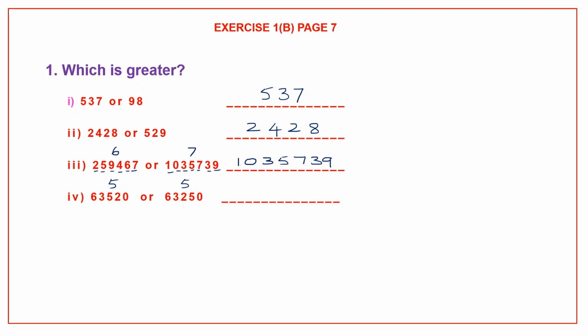So let's look at the last digit here, 6, 6. Both are the same. Now go to the next one, 3, 3. That is also the same. So let's go to the next one, 5 and 2. Which is the greater one? 5 is greater than 2. That means this number is the greater number. So let's write down that number. 63,520 is the greater number.